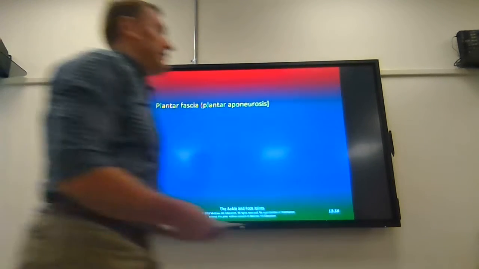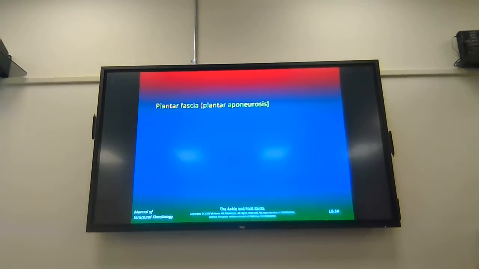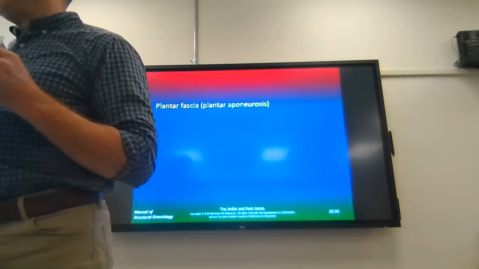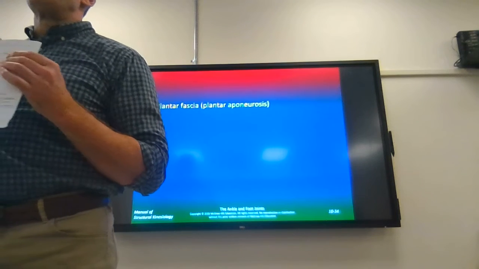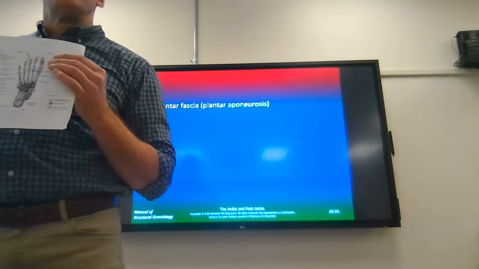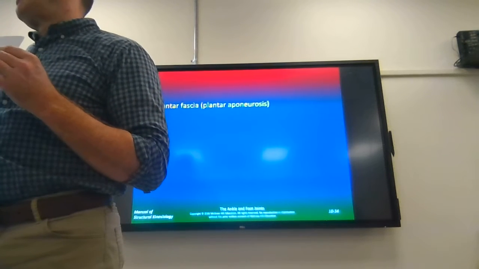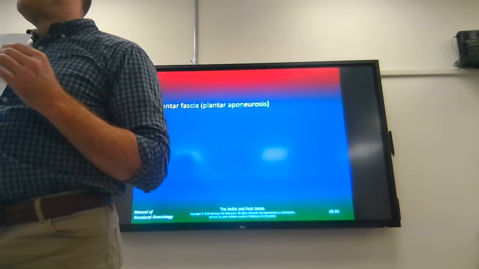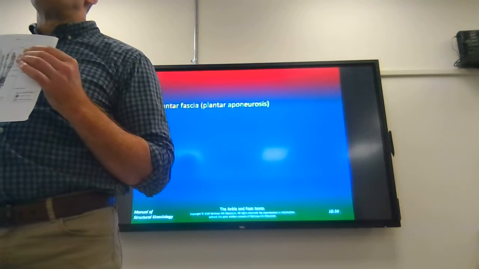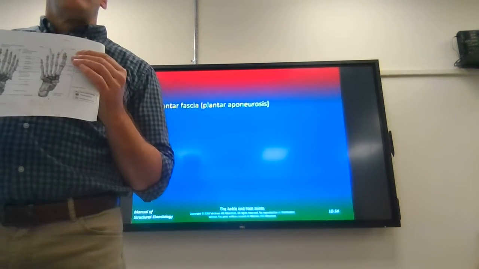So Tyler was nice enough to donate his artwork. What you're doing is labeling insertion points within the foot. The insertion point gives us an idea about what the muscle does, because the location of insertion affects which way the joint rotates.